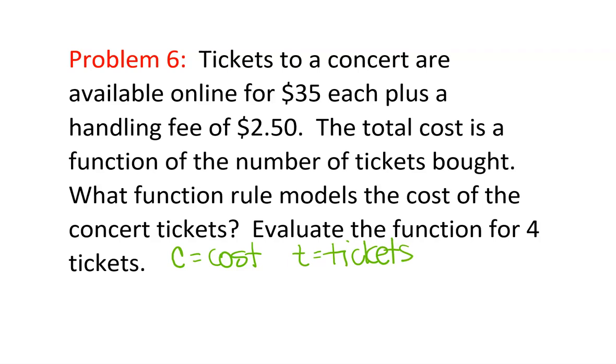It's function notation, so cost of T tickets. It's going to be $35 for every ticket, so we need a T with that. 1 ticket would be $35, 2 tickets would be $70, and so on, plus a handling fee of $2.50 for each one.